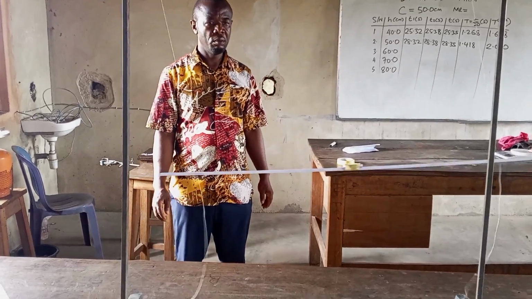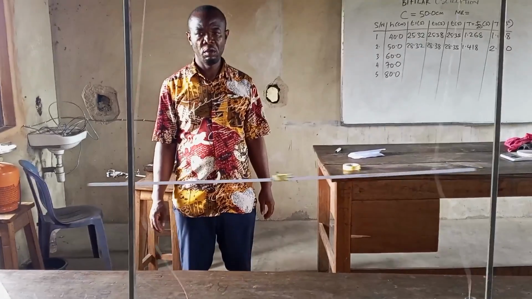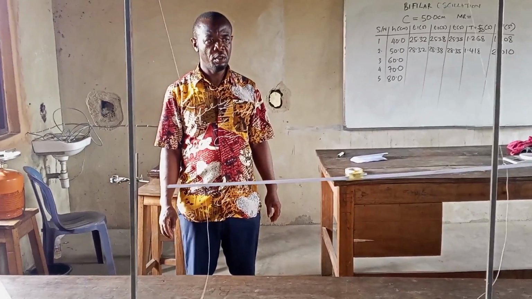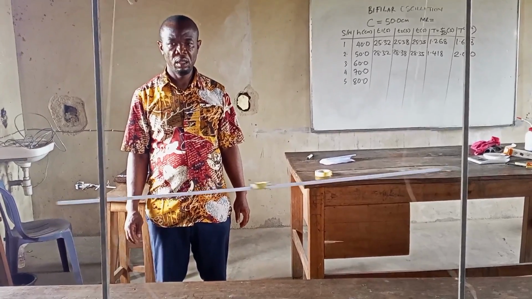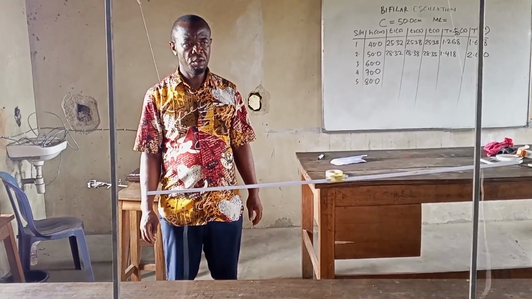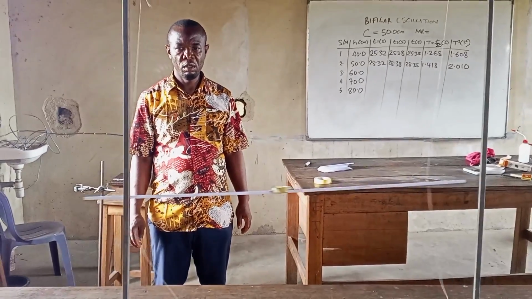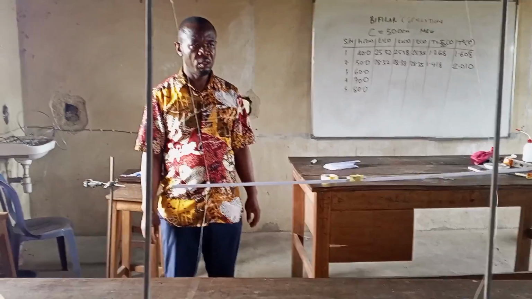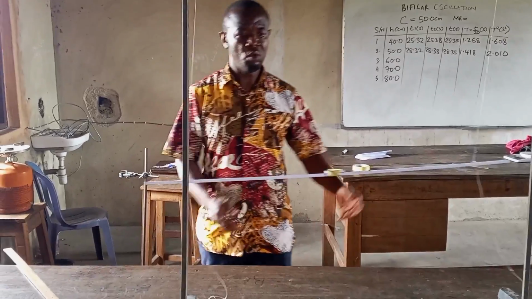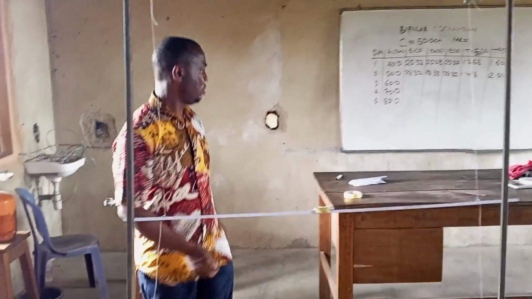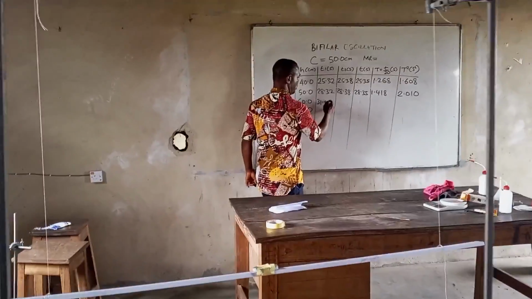1, 2, 3, 4, 5, 6, 7, 8, 9, 10, 11, 12, 13, 14, 15, 16, 17, 18, 19, 20. 31.02. 31.02 for 60 cm.